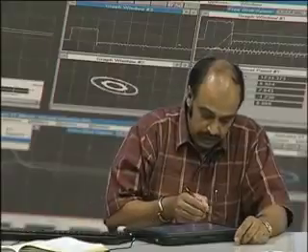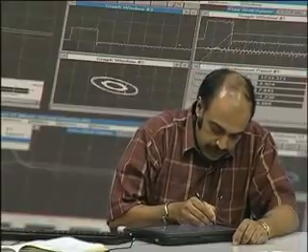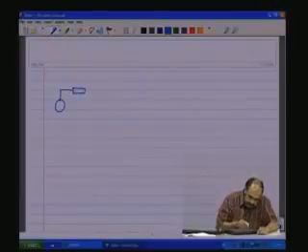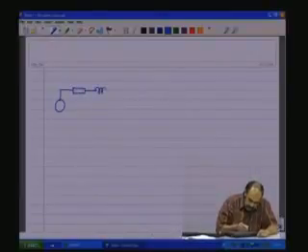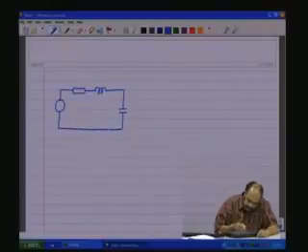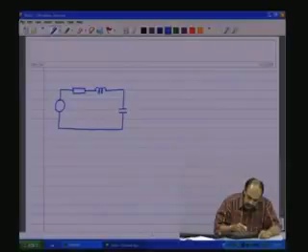So, now starting with the circuit. Let me take a circuit which is of the following nature. Let us say we have a resistance, let us have an L, then a capacitance, so this is one part of the circuit, all in series, this is one loop.